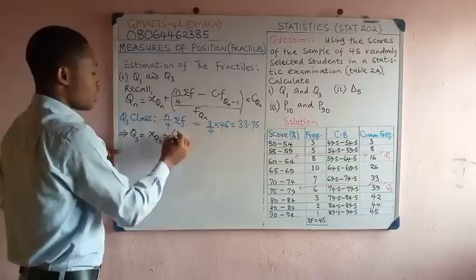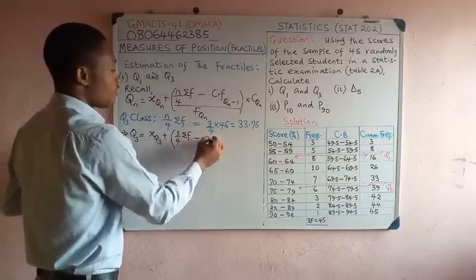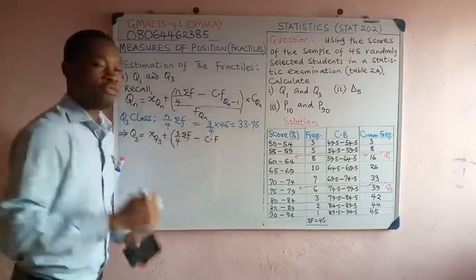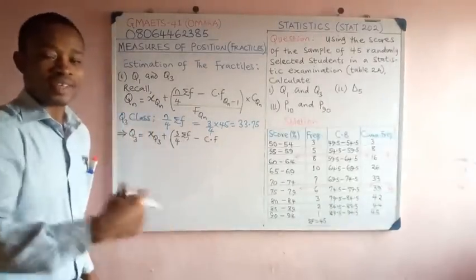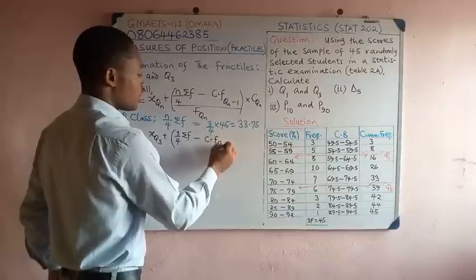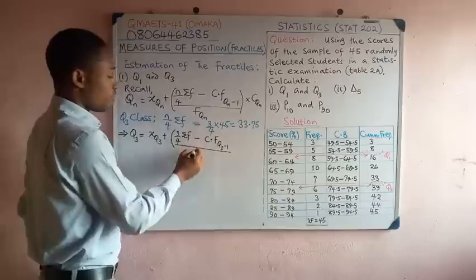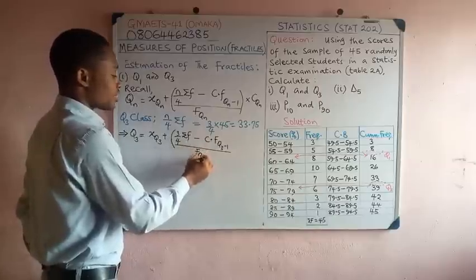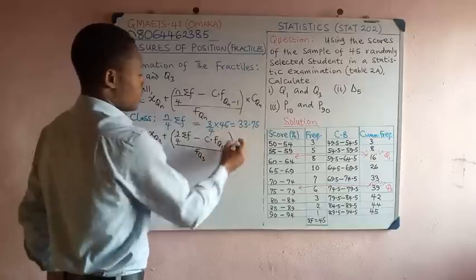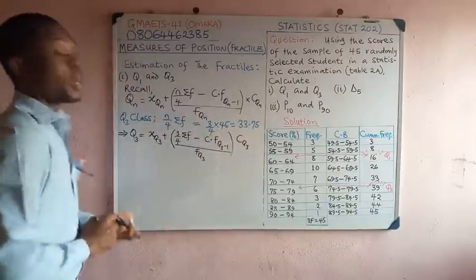So it's going to be 3 over 4 times summation of frequency minus cumulative frequency of the pre-third quartile class, that is the class before the third quartile class, divided by the frequency of the third quartile class, F Q3, then times C Q3, that is the class width of the third quartile class.